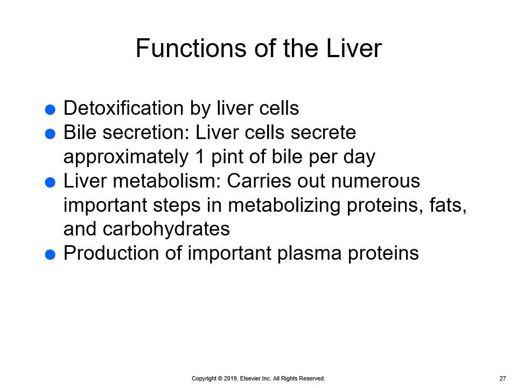Now we're going to talk about the functions of the liver, which we have been talking about for a while, but we said that it assists with detoxification, metabolism, bile secretion, and also protein synthesis. So some of the key functions that we're going to talk about in terms of detoxification: the liver cells, which we call hepatocytes, neutralize toxic substances that enter our body through either ingestion, metabolism, or circulation.